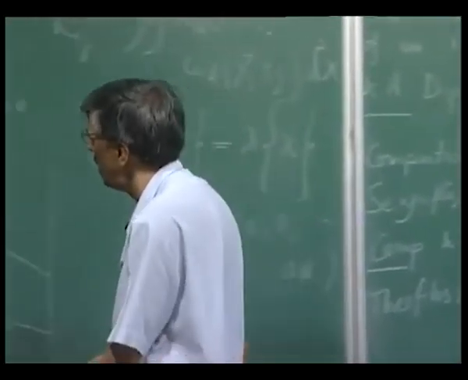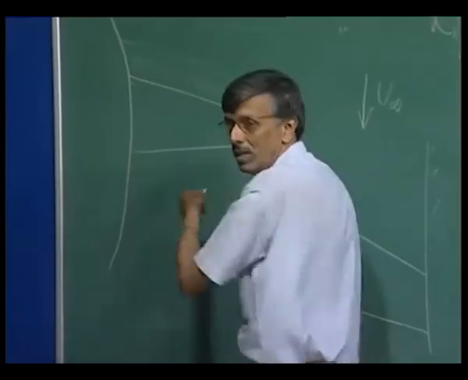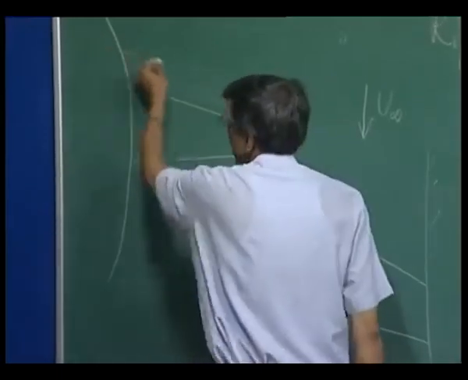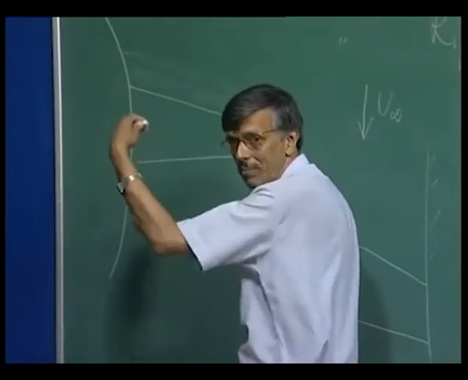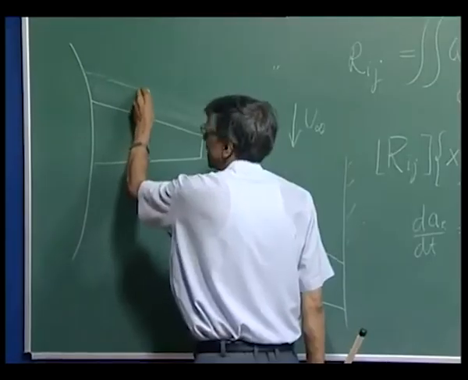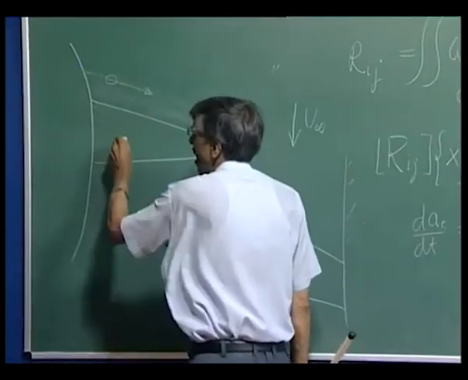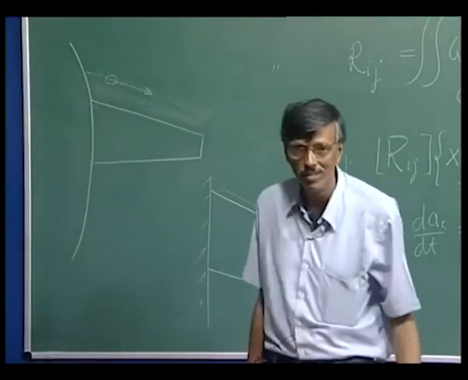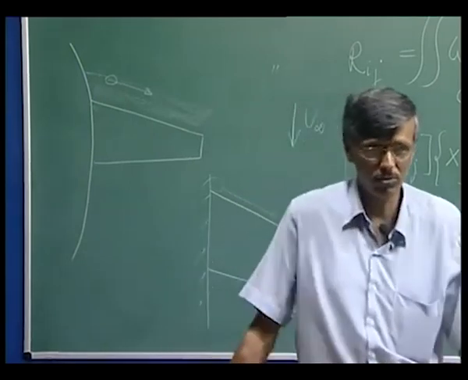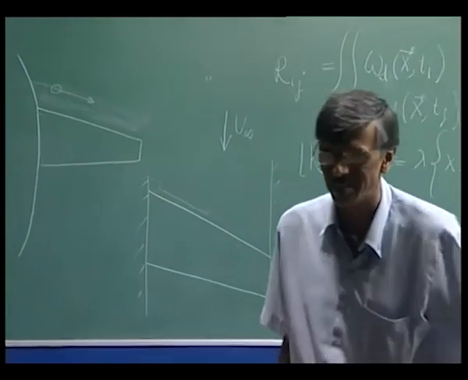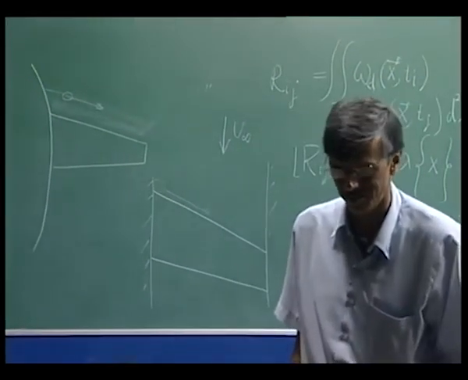Suppose I have a leading edge of a wing like this, and I have this attachment line plane, and in that plane the vortices are convecting in this way, and this flow is two dimensional, then it is quite natural for us to investigate this as a vortex induced instability problem.